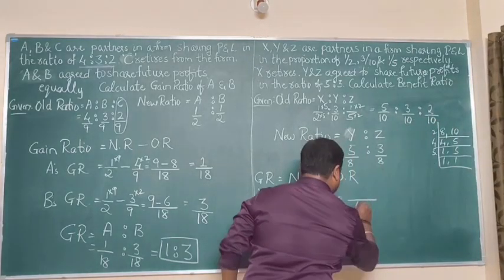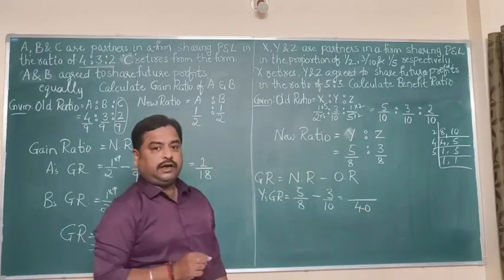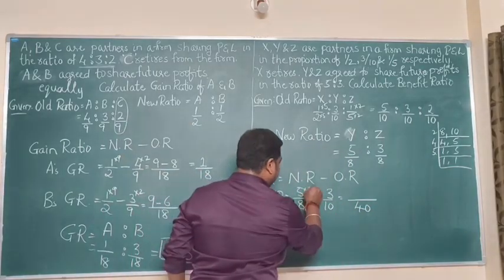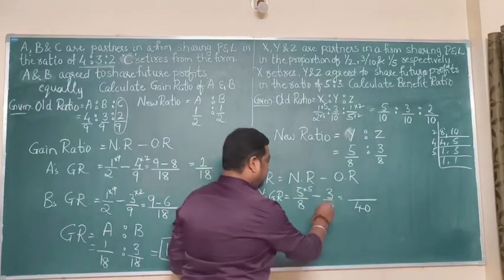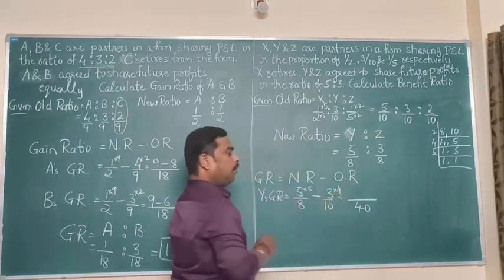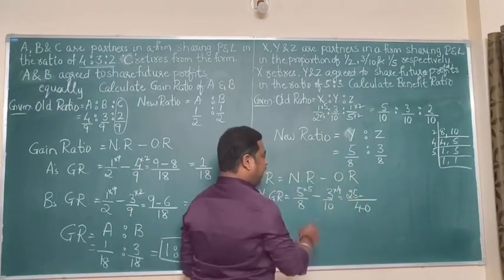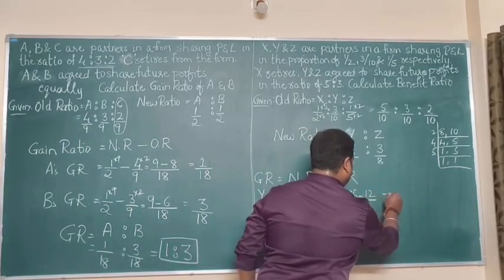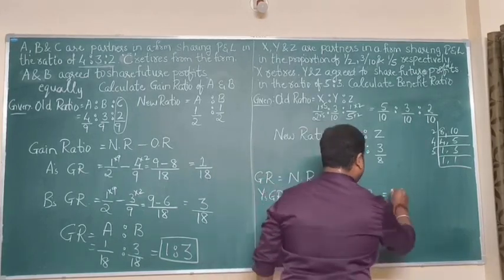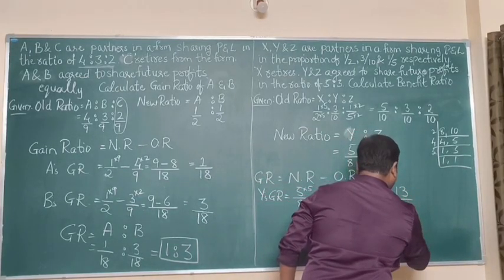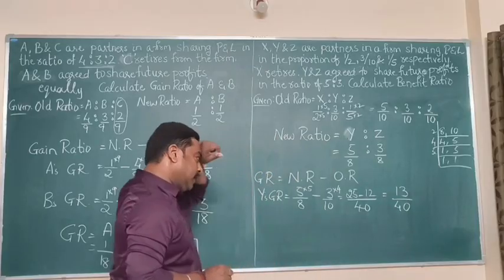School method. So what is your common LCM here? 40. 8 5s are 40. 10 4s are 40. 5 5s are 25 minus 3 4s are 12. 25 minus 12, it is 13 by 40.